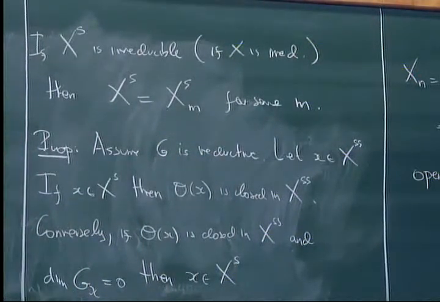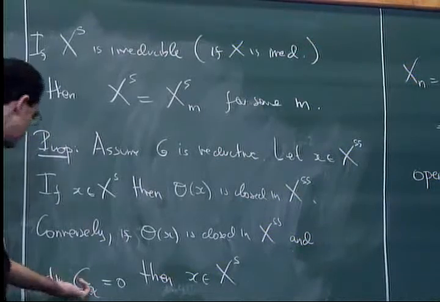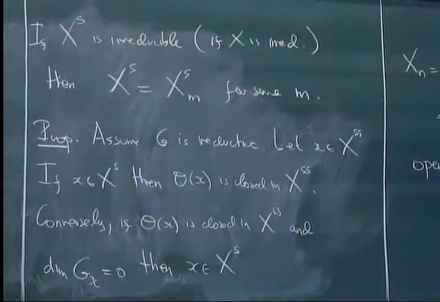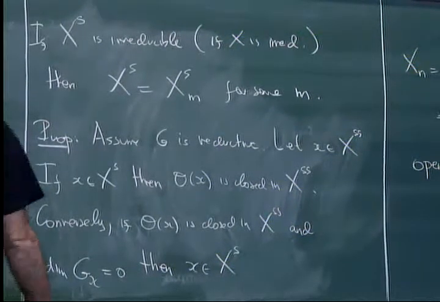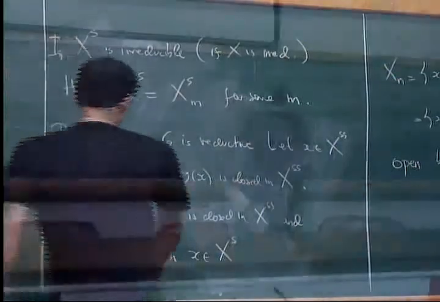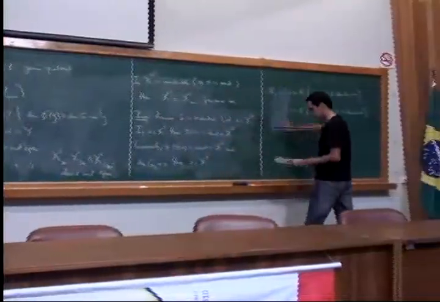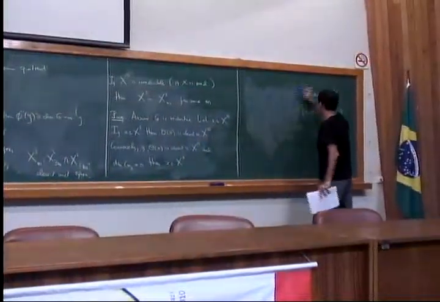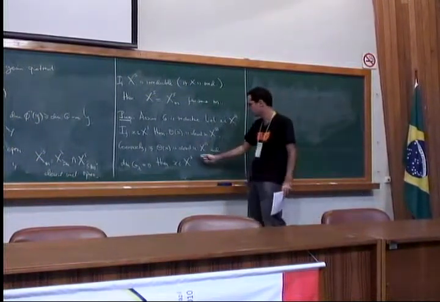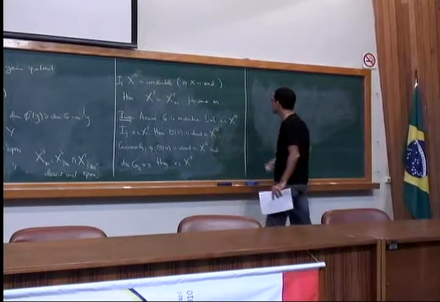Okay? So for points whose stabilizer is finite, the orbit being closed is enough to guarantee that it's stable. You don't need to check the orbits around that point. So let's show this proposition. The reductive assumption would actually be needed just for the converse statement. This one we don't need that.